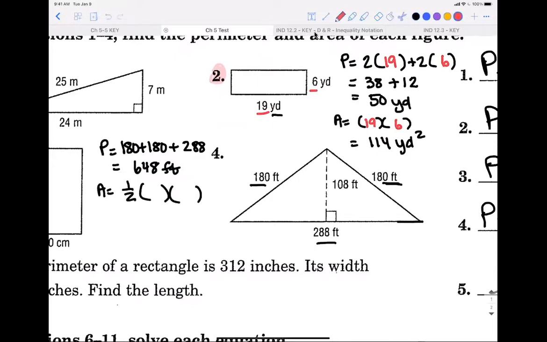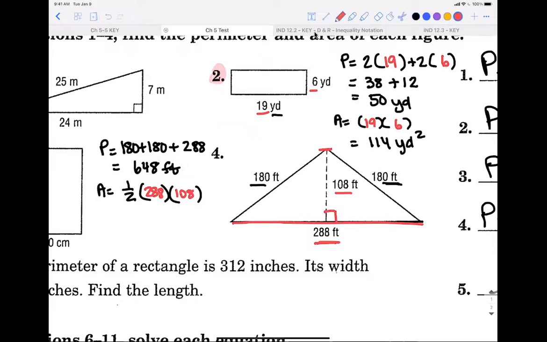Well, here's my right angle. That tells me this is my base. So 288 is my base. And for height, look and see what the tallest point of your triangle is and put a little line, and then see there should be a line running from the base to the height, and that happens to also be 108.